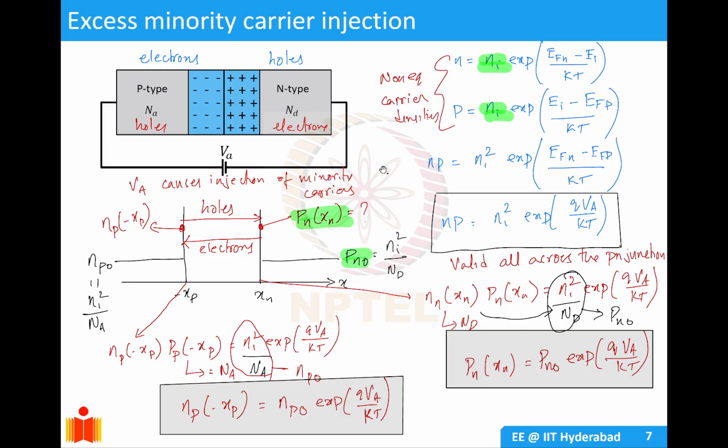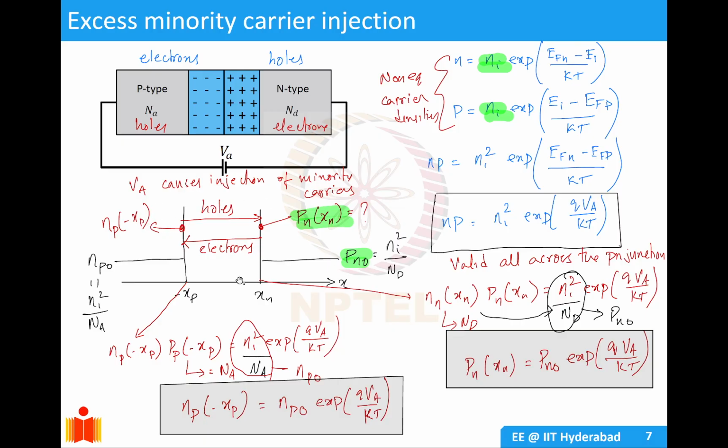Now we come to the statistics part of it: excess minority carrier injection for the forward bias case. The applied bias causes injection of minority carriers across the junction.